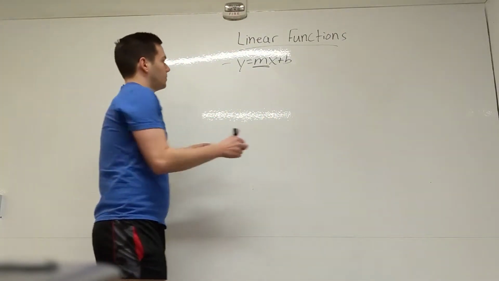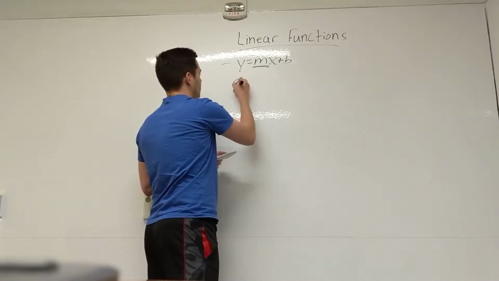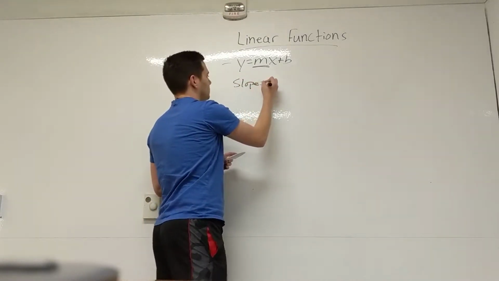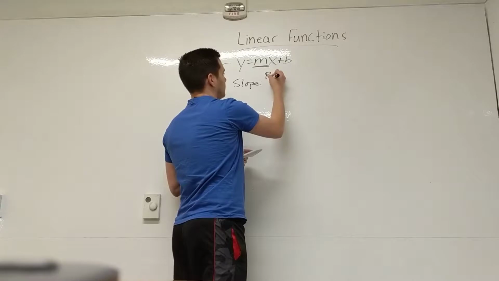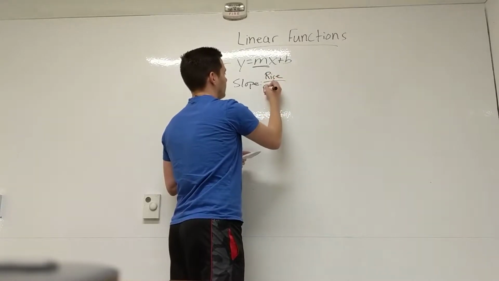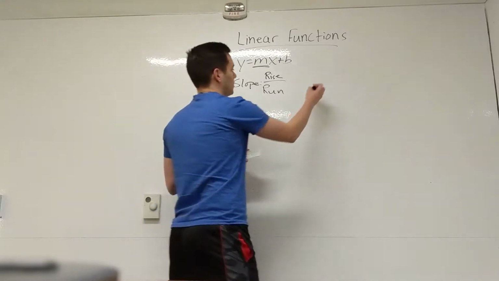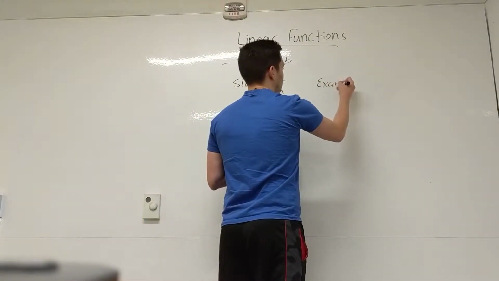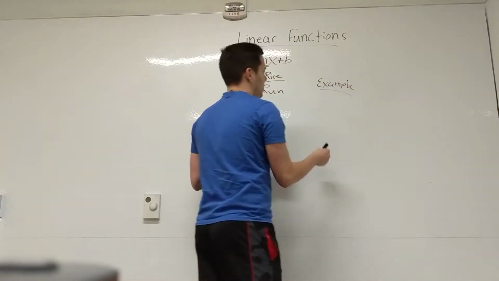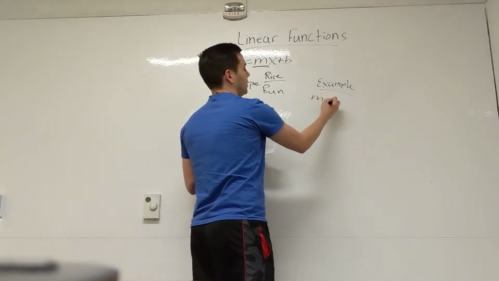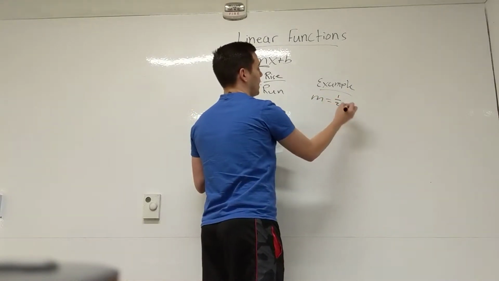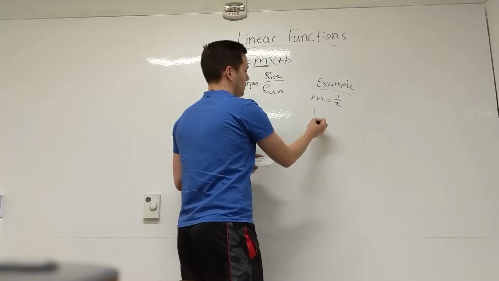So slope is rise over run. And what that means is, let's say your slope is 1/2, okay?